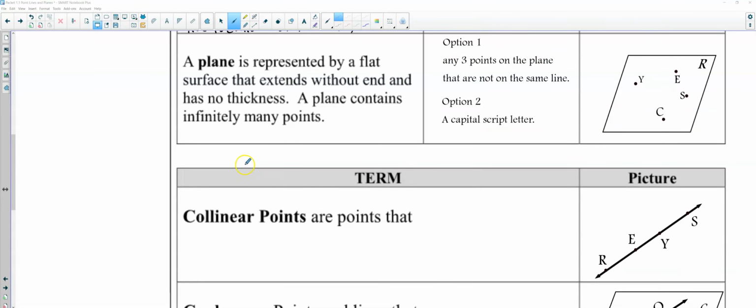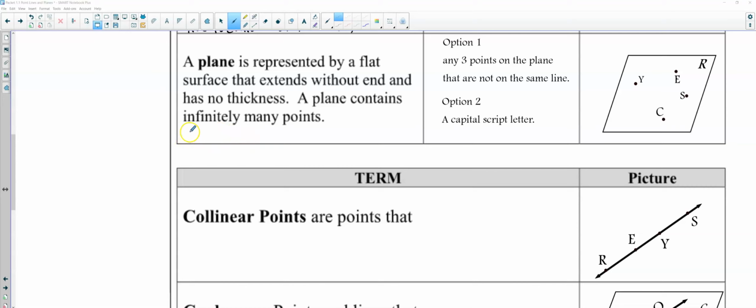And then we have the plane, and the plane is represented by a flat surface that extends without end and has no thickness. A plane contains infinitely many points. Those points extend in all directions within the flat surface. So remember, it extends in all directions but within the flat surface.